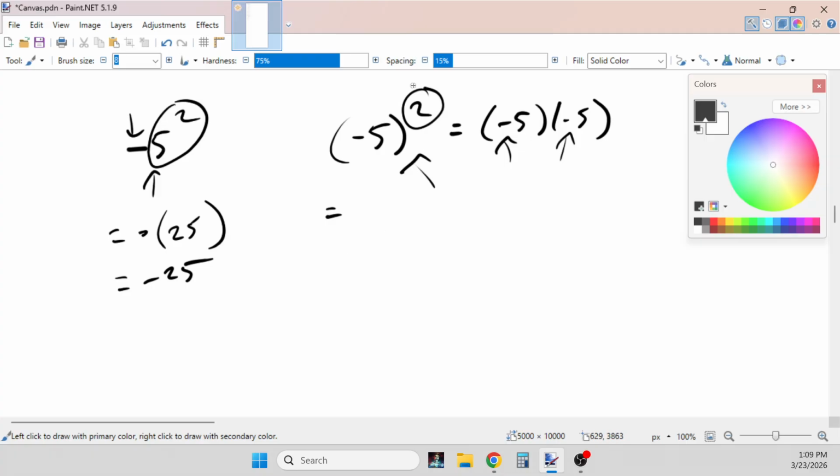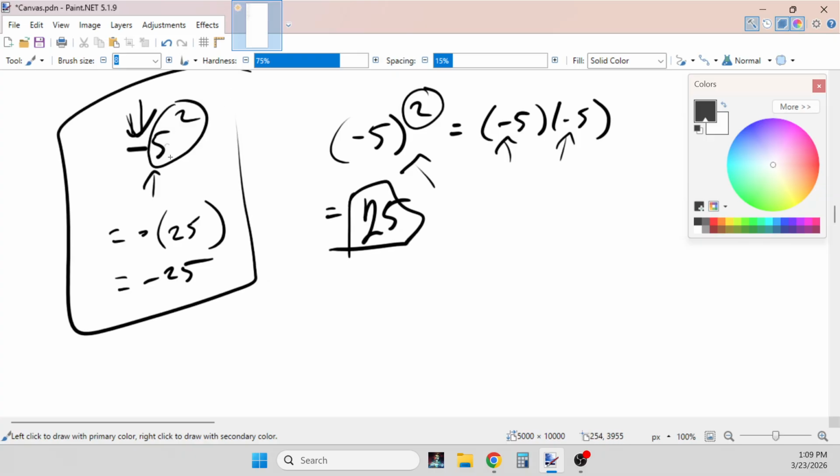There are two, so they both cancel. So this way gives us a negative because this negative is applied afterward. Do the exponent, make it negative afterward. This one, in this case, we get positive because we had two negative signs and they cancel.